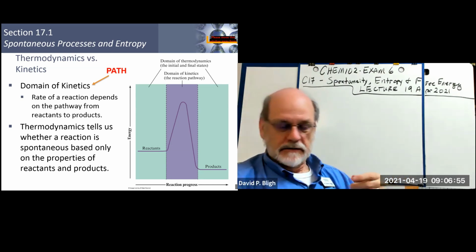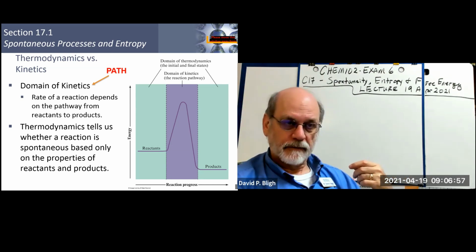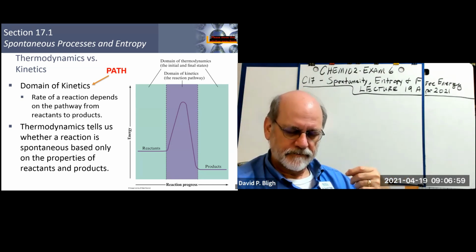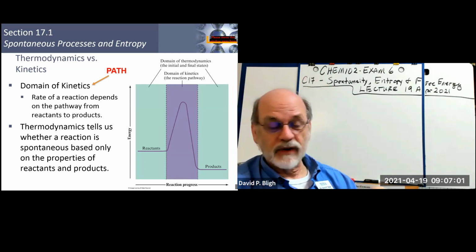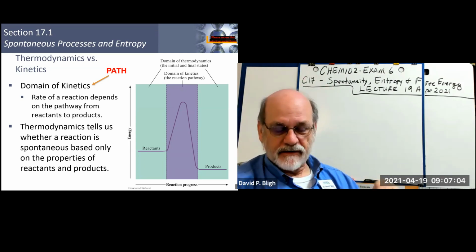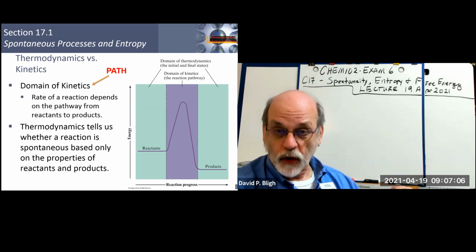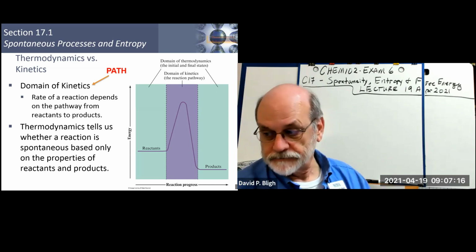That's why catalysts work. Catalysts provide a reaction with an alternate pathway. And that alternate pathway gets you there quicker.